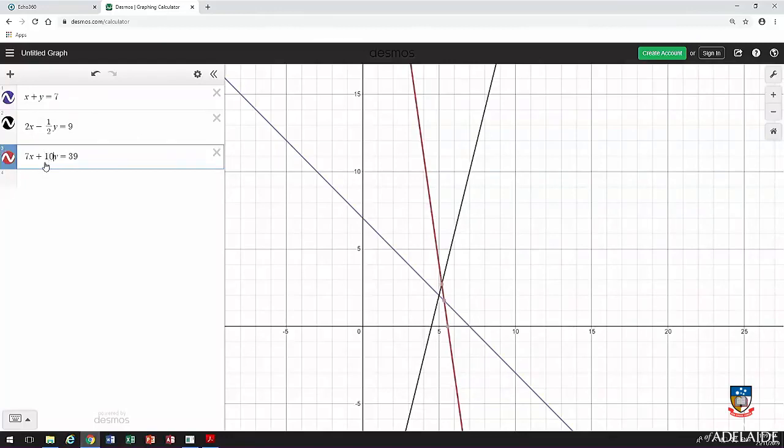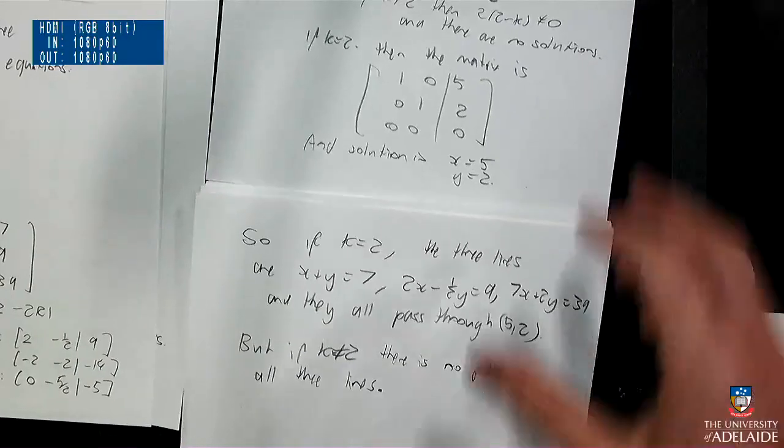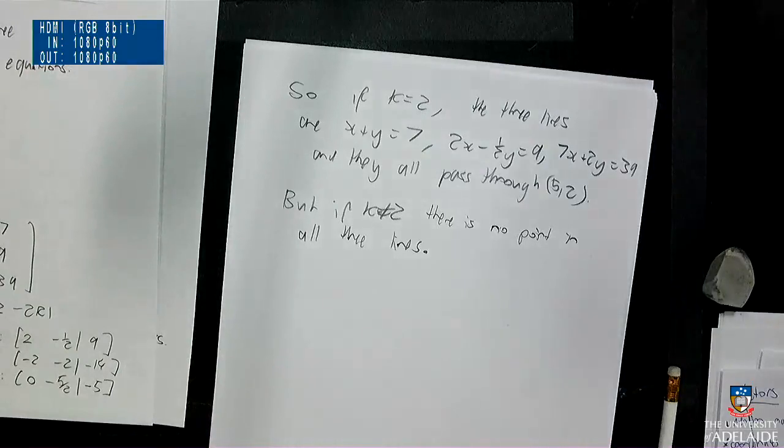Let me just put a 10 there so that the gap's even bigger. Like a -8. Okay, so no matter what other one I pick, they make a little triangle. But either way, whether k is 7 or k is not 7, but not 2, then there's still no point in all three.